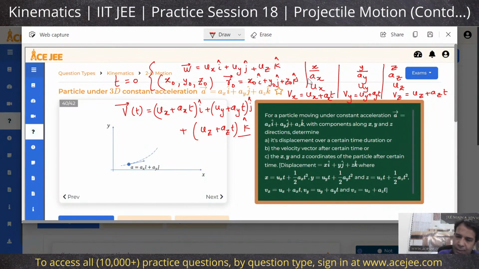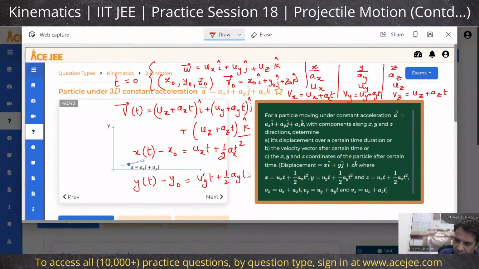So how do we find the coordinates at time t? Well, xt minus x0 is uxt plus half at square. Similarly, y at time t is equals to uyt plus half ayt square. Z at time t minus z0 is equals to uzt plus half azt square.